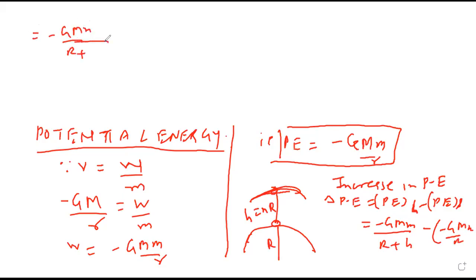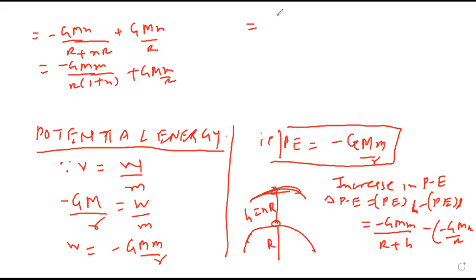Here h is nR, so it is minus GMm upon R into 1 plus n, plus GMm upon capital R. The LCM will be R into 1 plus n.